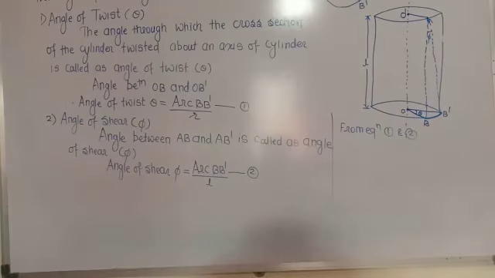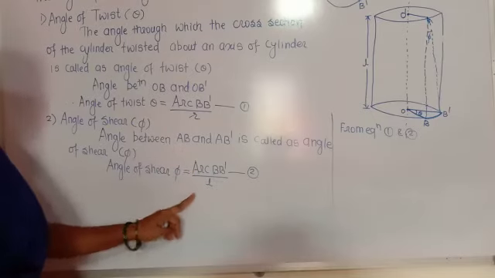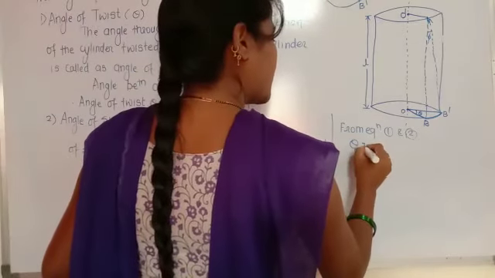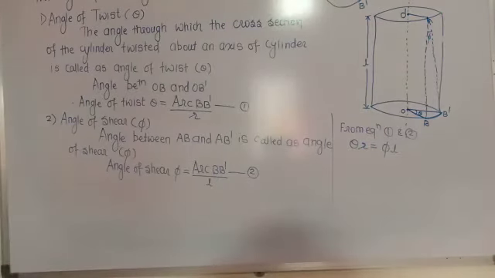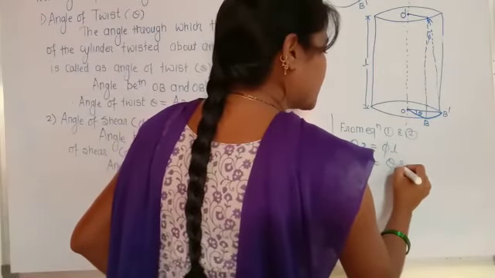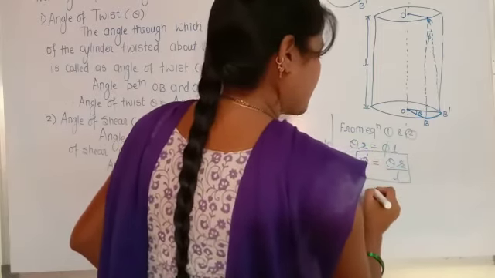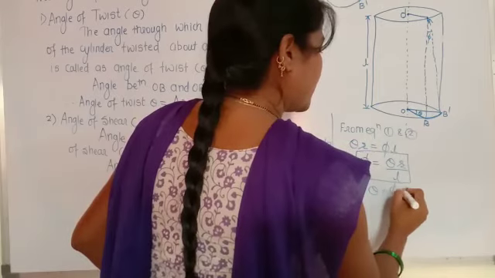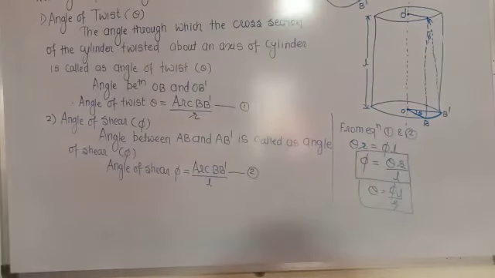So we write arc BB dash is equal to theta into r, and arc BB dash is equal to phi into L. That means theta r is equal to phi L. From this equation we can calculate either angle: phi is equal to theta r divided by L, or theta is equal to phi L divided by r. So we can calculate both angles: angle of shear phi is equal to theta r divided by L, or angle of twist theta is equal to phi L divided by r.